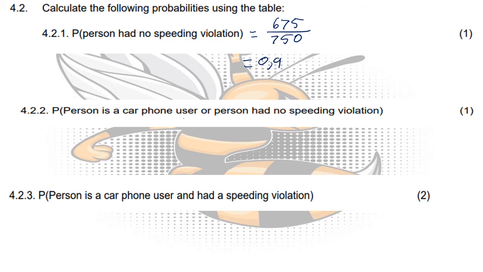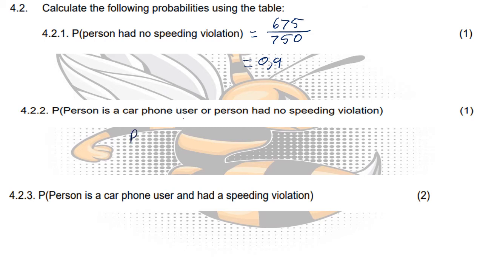Question 4.2.2 then asks: what is the probability of a person being a car phone user or a person who had no speeding violation? Meaning you can either pick somebody that used the car phone or pick a person that had no speeding violation.